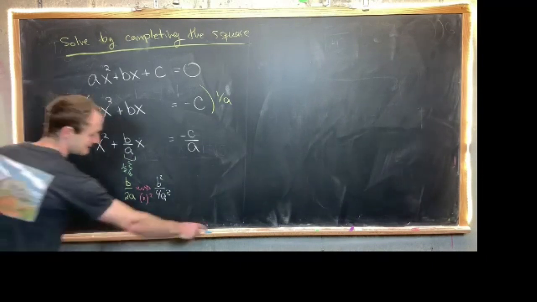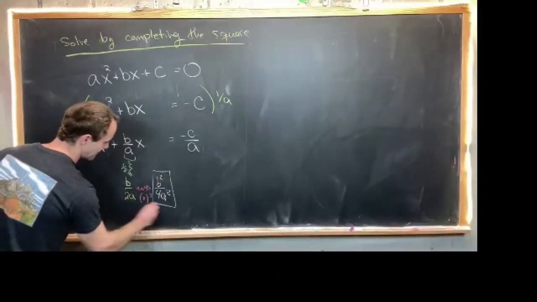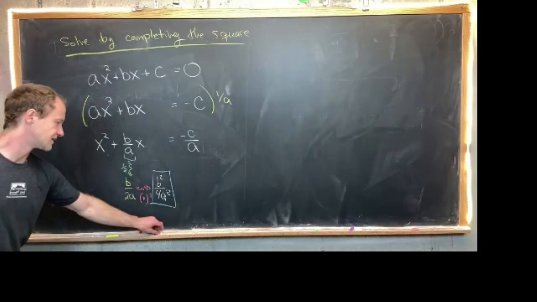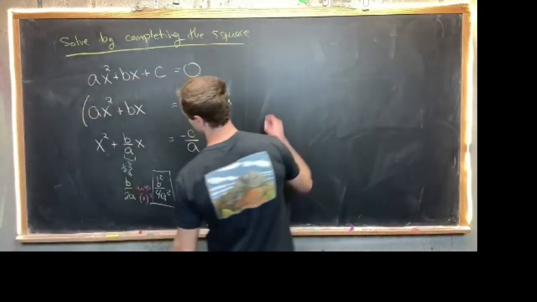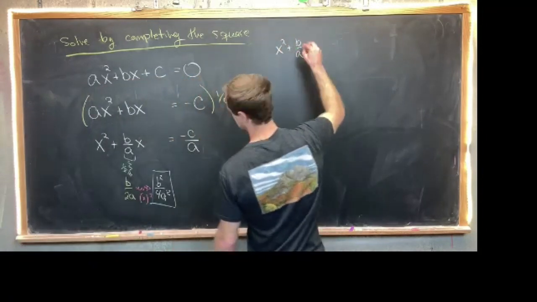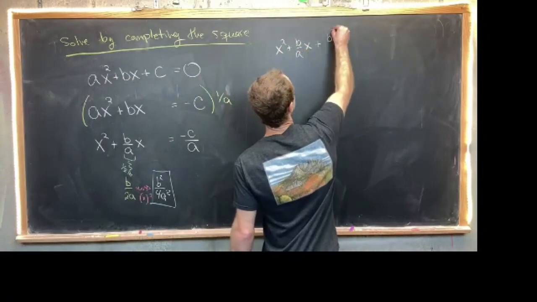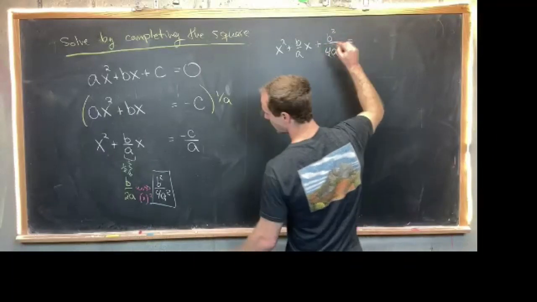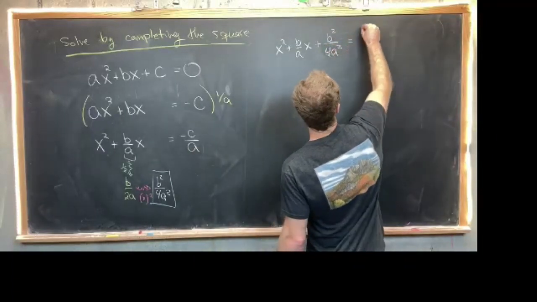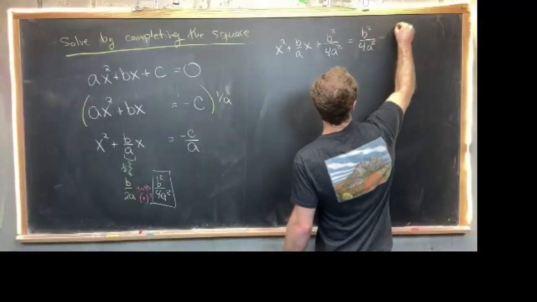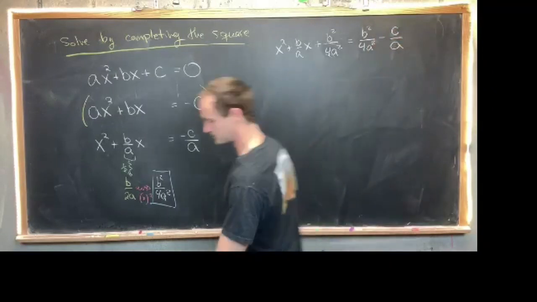So this is the special number that I need to add to both sides of the equation in order to put it in the right form. So let's add this to both sides and see what we get. We'll get x squared plus b over a x plus b squared over 4a squared equals b squared over 4a squared minus c over a.